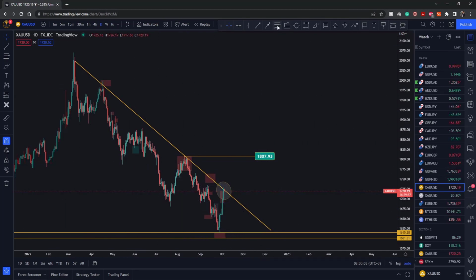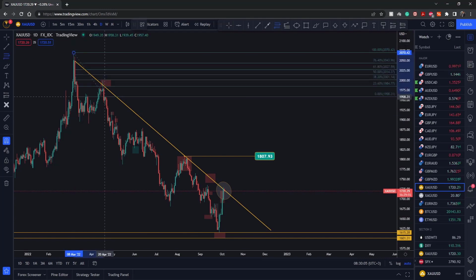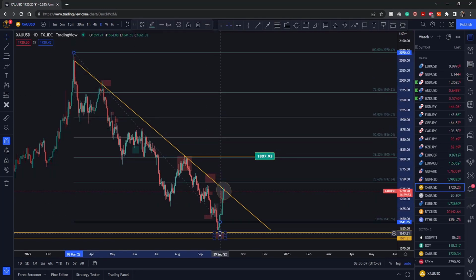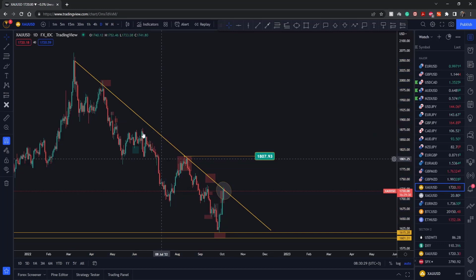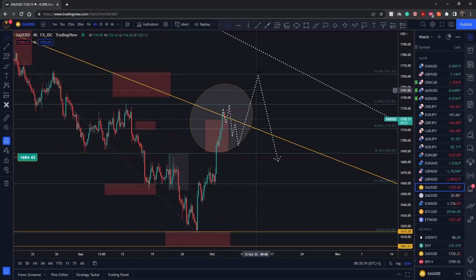Now, if you place the Fibonacci retracement on this bigger move, we have pretty much 23.6, which is the minimum correction that normally occurs in a trend, and we haven't even tested that 23.6. So I'm definitely expecting that this downtrend will continue, but we are currently in a pullback, which is more likely to create some higher values before it drops to the downside.